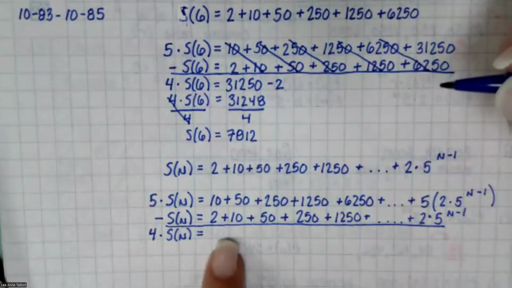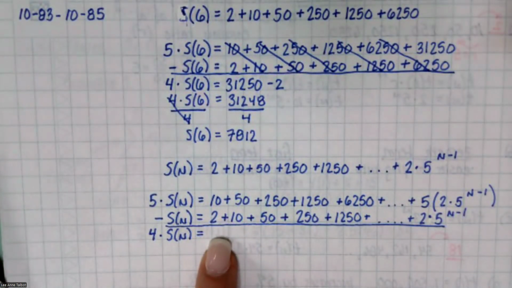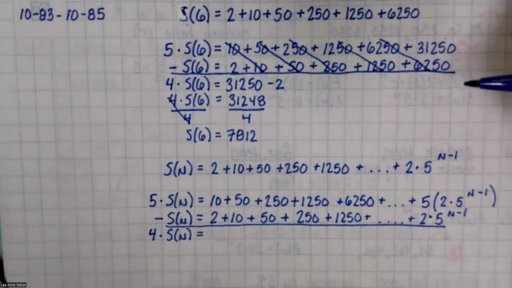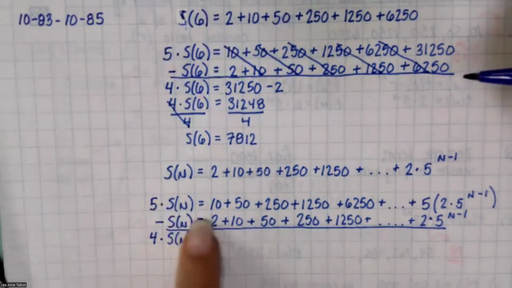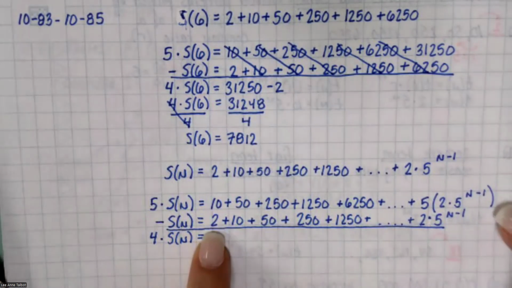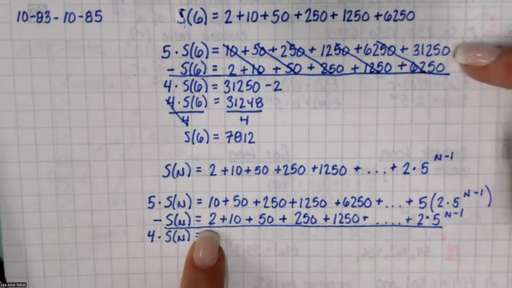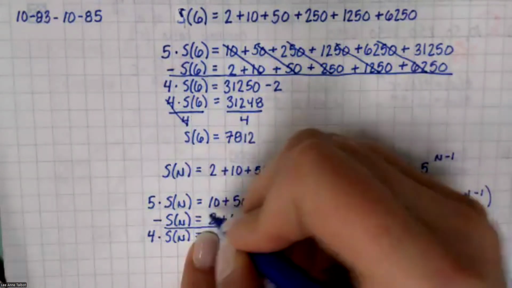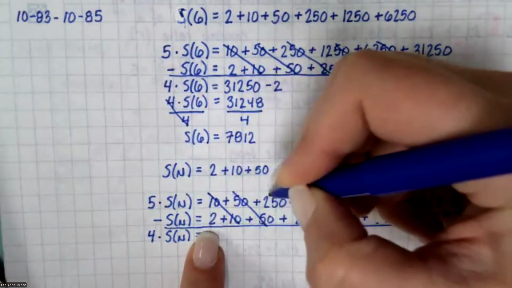Now, what canceled? Let me ask it this way: what were the 2 things that were left after the canceling? 2 and 31,250 were left, right?